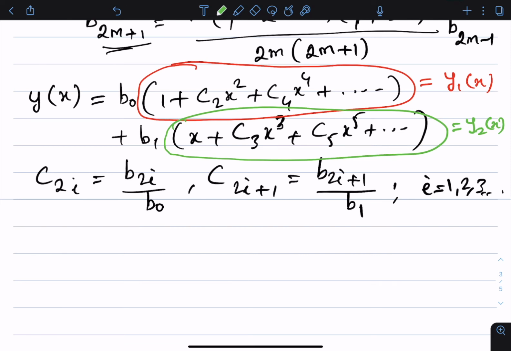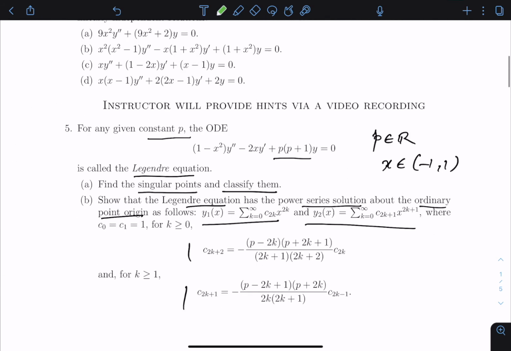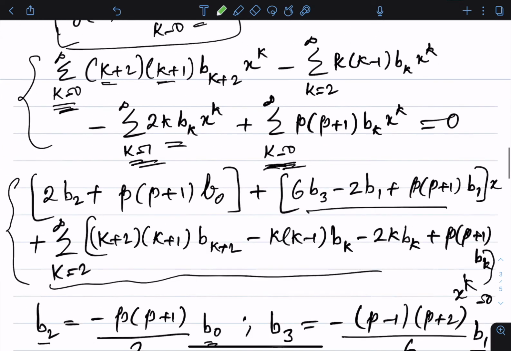And that's precisely what you wanted in the problem, right? You wanted y1 of x and y2 of x, and this is the relation that we have obtained. If we plug in c0 and c1 to be 1, that's what you will obtain here.